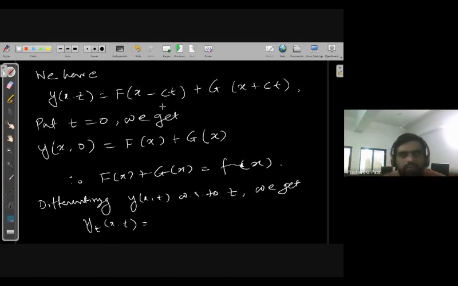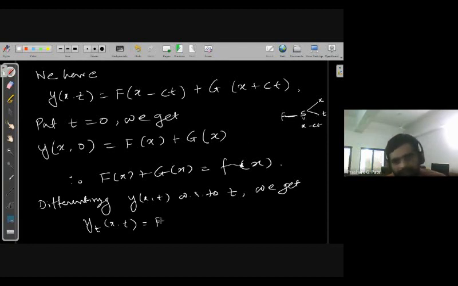That means, the situation is that f is a function of some variable s, where s is nothing but x minus ct, and s is a function of the two variables x and t. So the derivative of f with respect to x or t will have this.